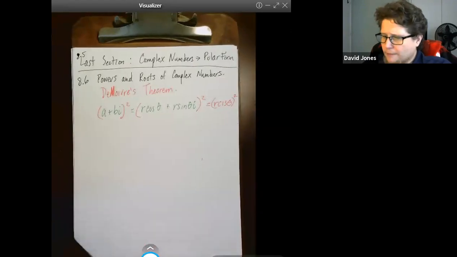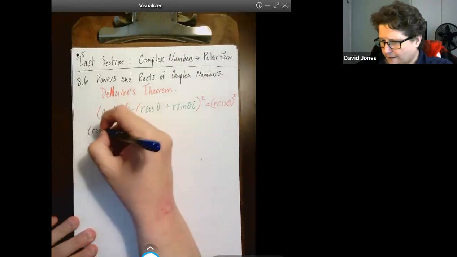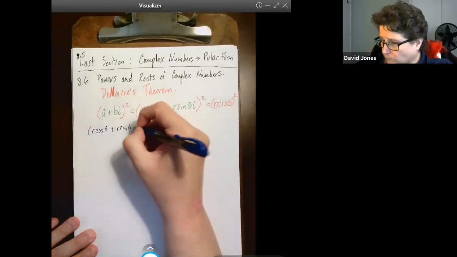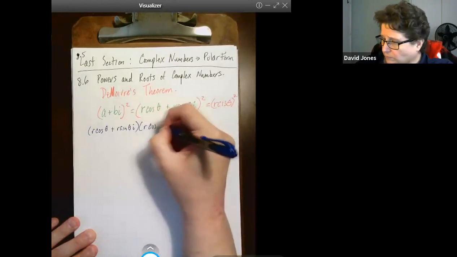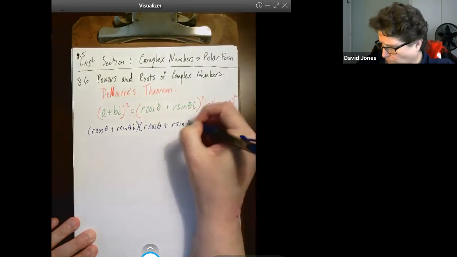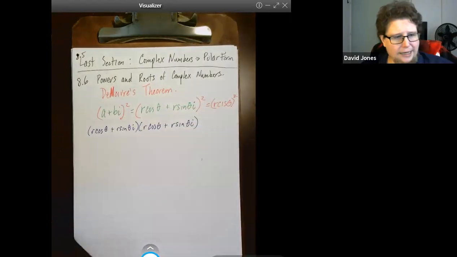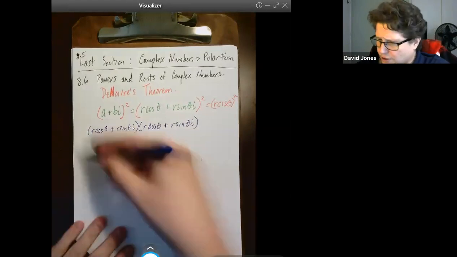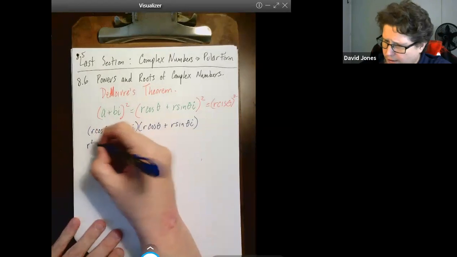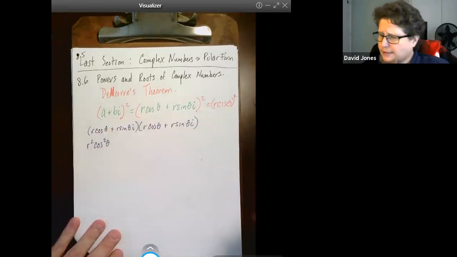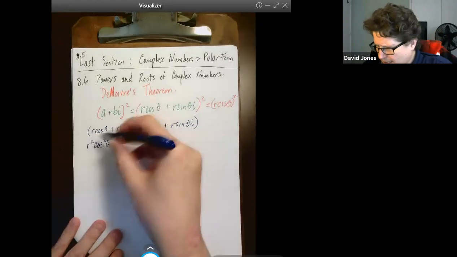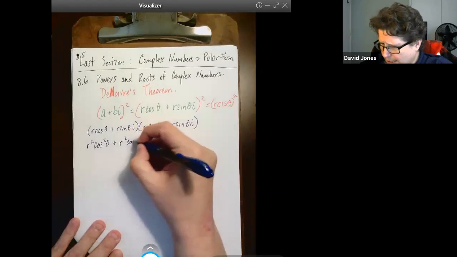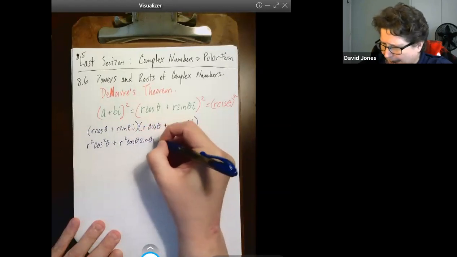Let's write it out. Remember, when we square it, we have two parentheses multiplied together, and we have to distribute. So the first one, we've got r squared cosine squared theta. And then I send it outside, I get r squared cosine theta sine theta i.